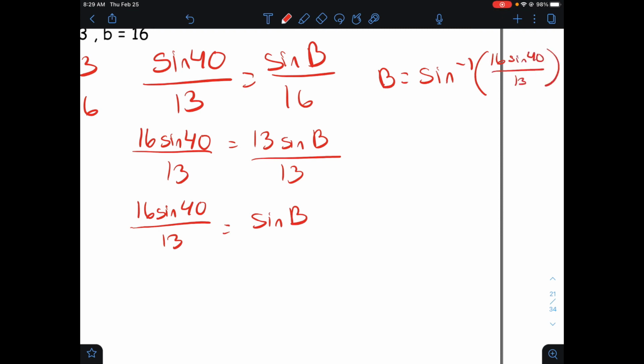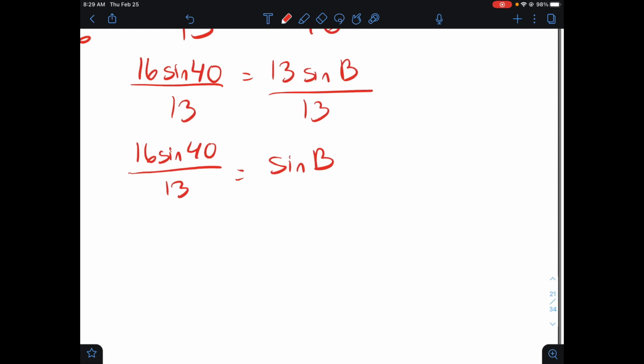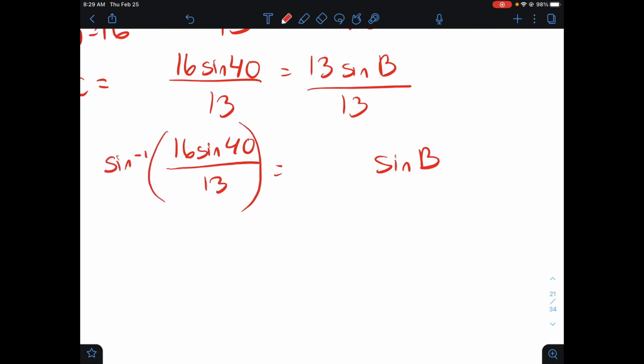Now you might be wondering, why do we do the sine inverse? Essentially what you're doing is taking the sine inverse of both sides. So you're doing sine inverse of this, sine inverse of that. Remember, when you solve, you always do the opposite operation to get the variable by itself.